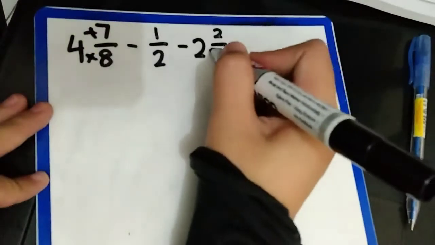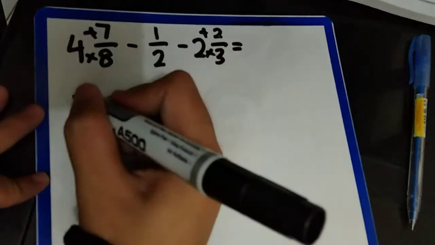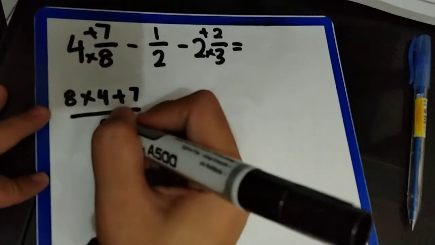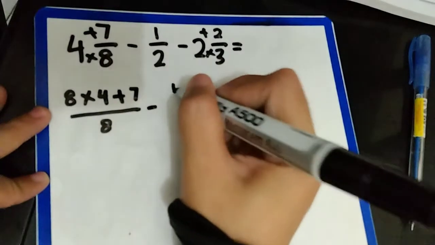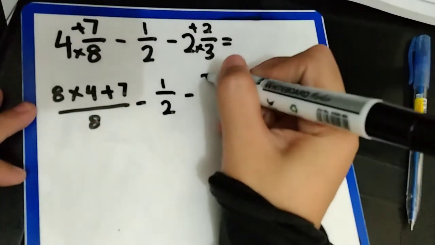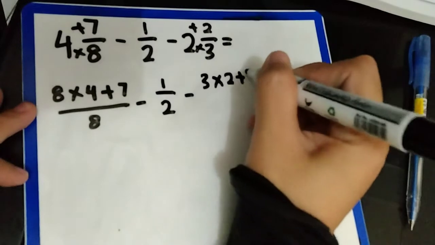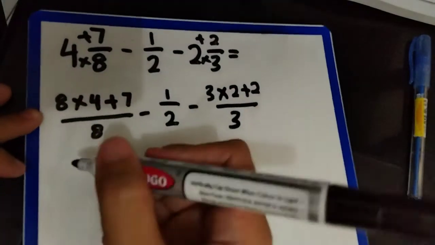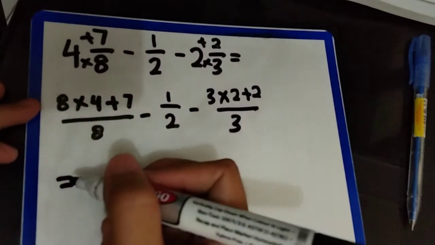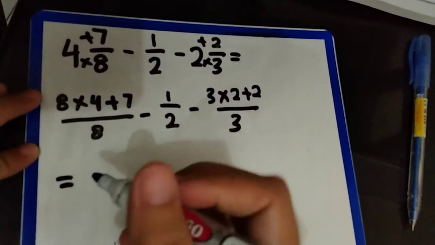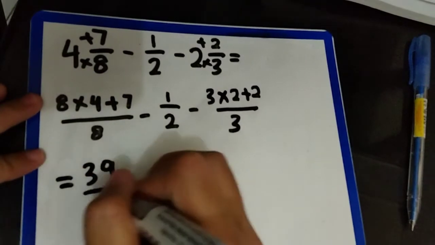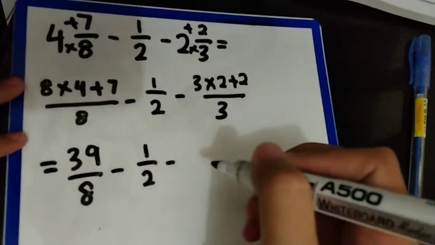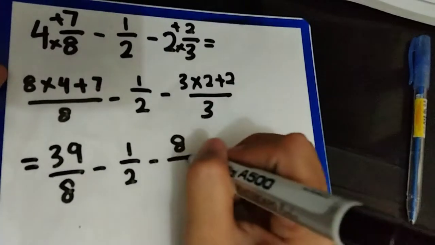First step, change the mixed number into an improper fraction. 8 times 4 plus 7 over 8 minus 1 over 2 minus 3 times 2 plus 2 over 3. Then you just find the number: 39 over 8 minus 1 over 2 minus 8 over 3.